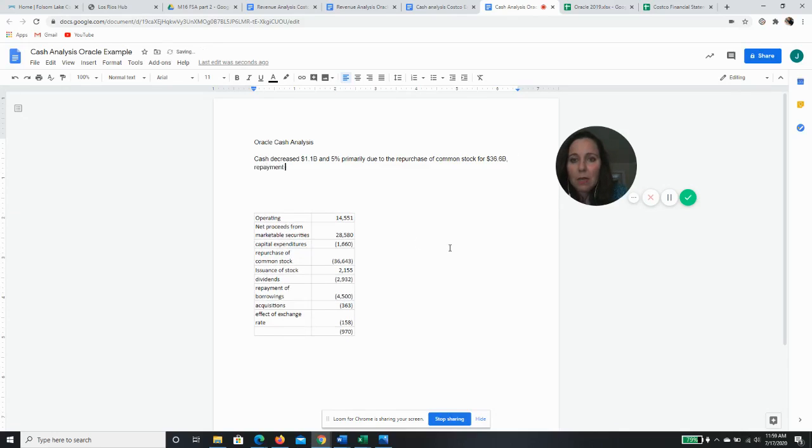So repayment of borrowings of 4.5 billion. That's this one right here. Then I'm going to go to the next biggest one, which is our payment of dividends for 2.9 billion. Payment of dividends of 2.9 billion.